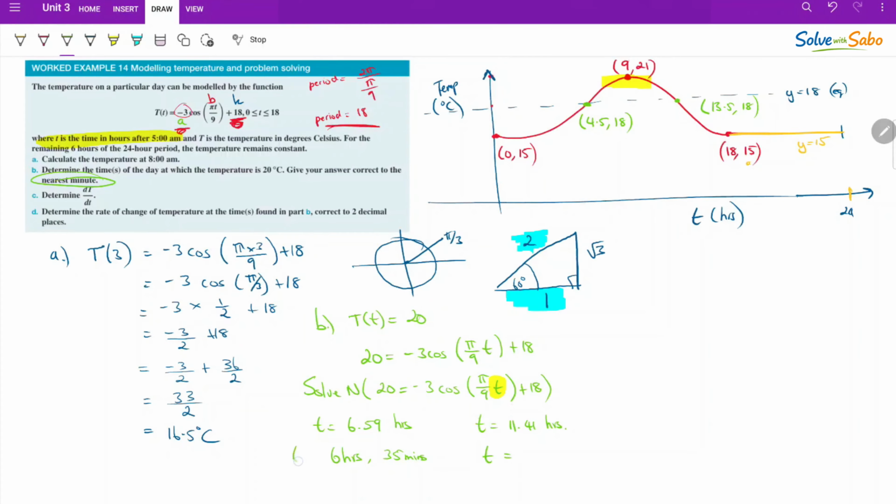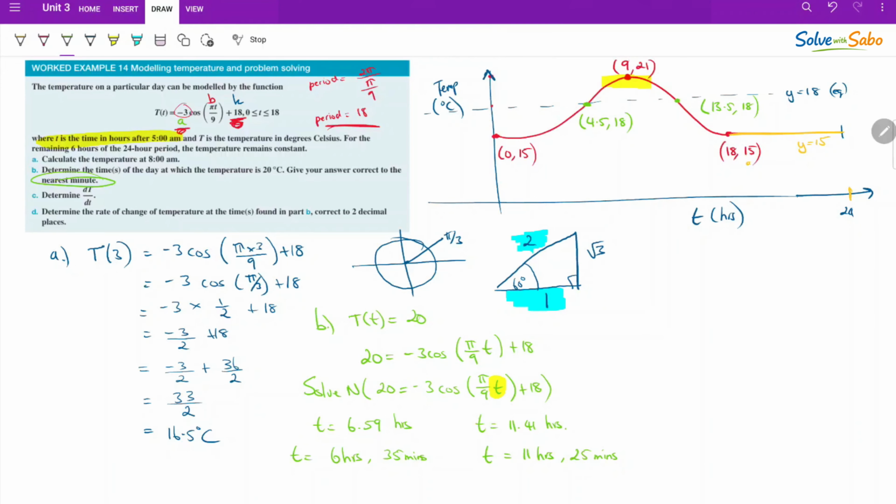And then for the next one, what is 0.41 of 60 minutes? And that would be 11 hours and 25 minutes. So those are the times to the nearest minute when we would be equal to 20. So there's our calculator skill for this question.